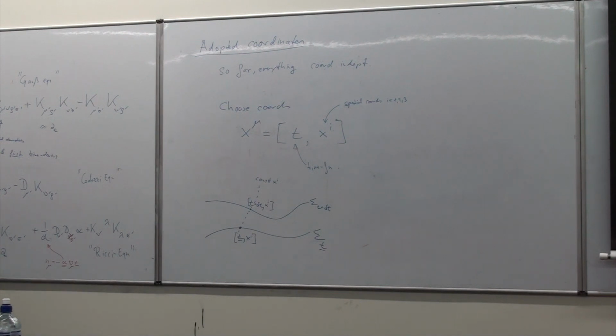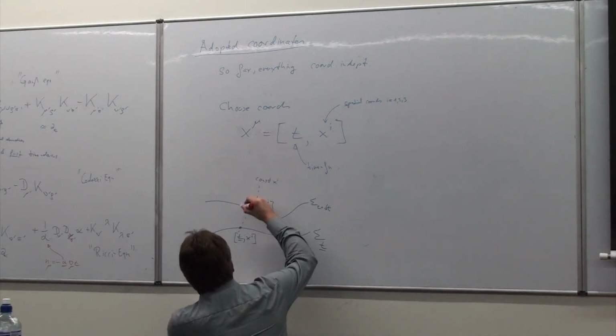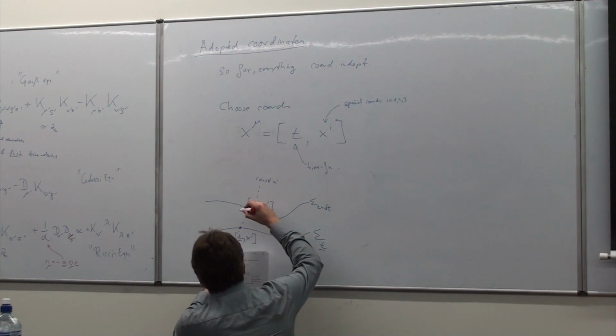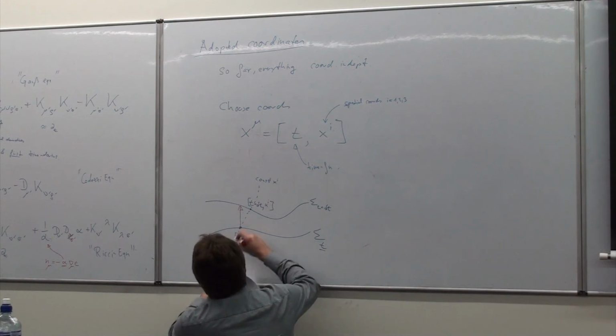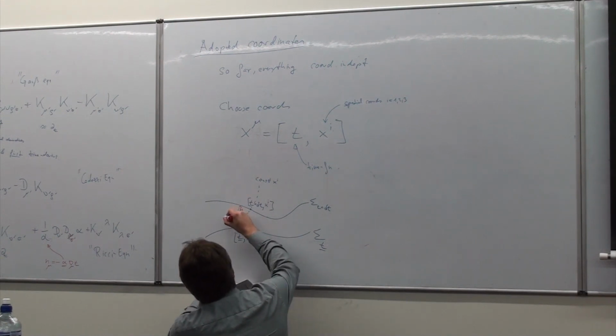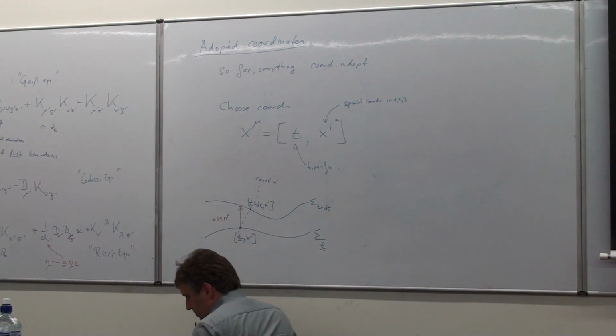So now let's try and relate these quantities to some of the earlier quantities that I mentioned in the last hour. One is the normal to the hypersurface. And so the normal distance from one hypersurface to the other one is proportional to n mu, and it has a length of alpha delta t.